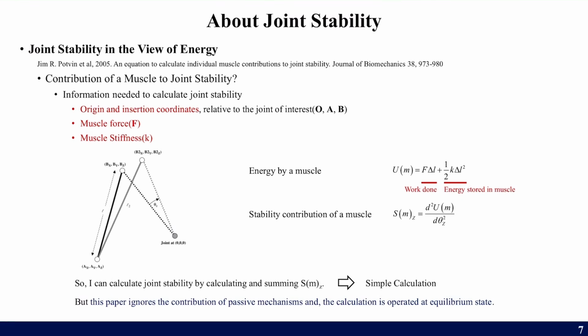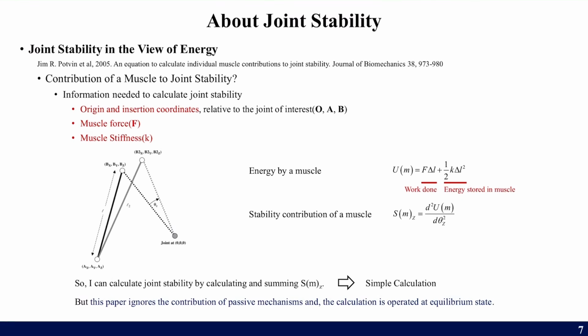So at first, I calculate the sum of the work done by one muscle and the energy stored on the muscle. So the energy stored on the muscle is spring energy.